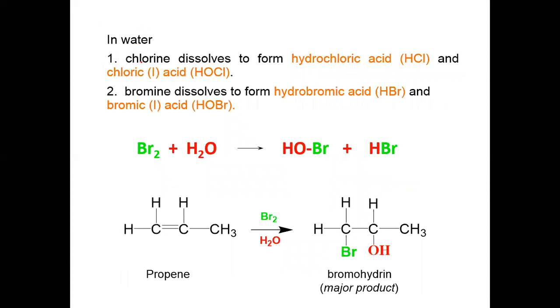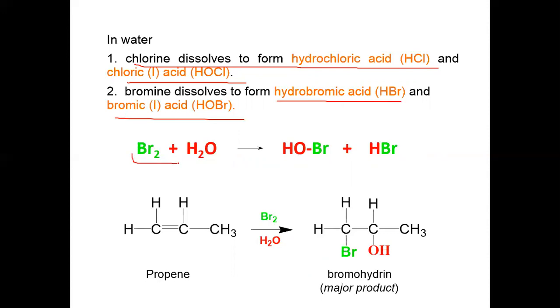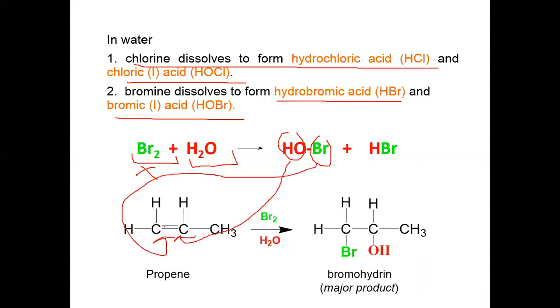Okay, in water, chlorine dissolves in the form of HCl and HOCl. Bromine will also convert into HBr and HOBr. So this is the conversion. Your X just now meets water, the solvent just now. Then it will become HOBr and HBr. So HBr, okay, this is the one that will go into the reaction later. OH and Br. Okay, OH will go in here, Br will go in here. How do we know which carbon it will go to? Which carbon will it attack?